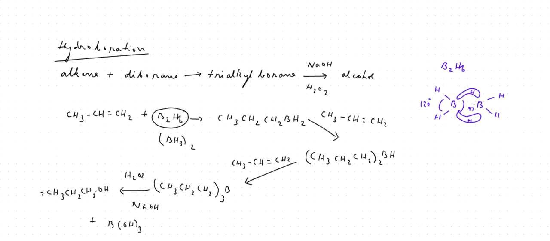Therefore, the actual balanced reaction is this: 6 CH3 CH double bond CH2 reacts with B2H6, and you are getting 6 CH3 CH2 CH2OH, right?